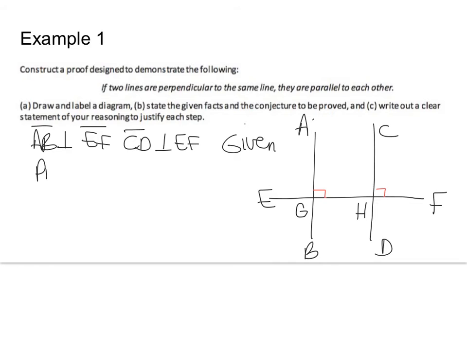We're trying to prove that AB is parallel to CD. That's what it says here. Draw and label a diagram, check. State the given facts and the conjecture to be proved, given facts, conjecture to be proved, and then write out a clear statement of your reasonings for each step. So let's do that last thing.